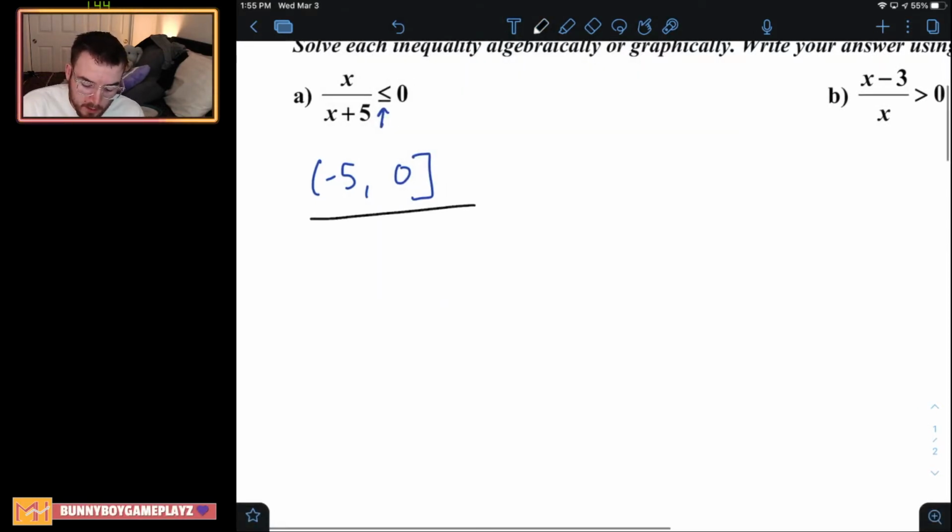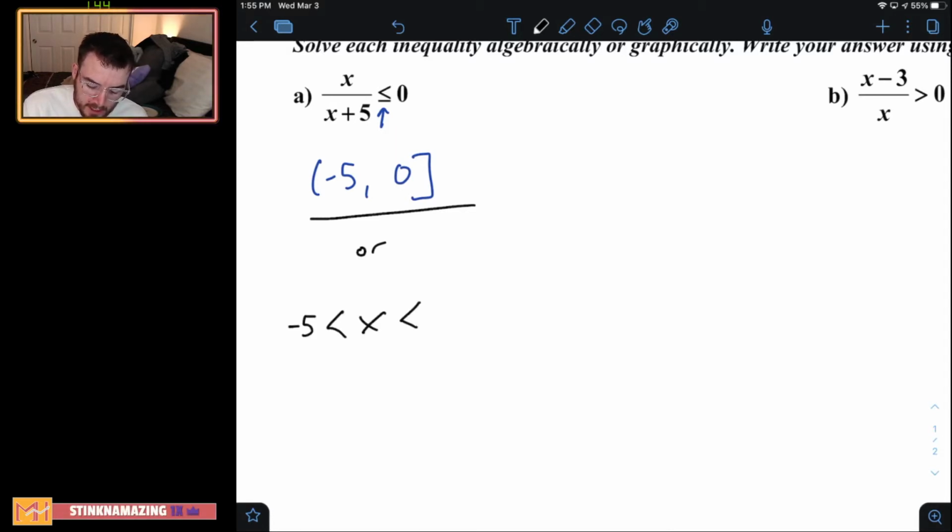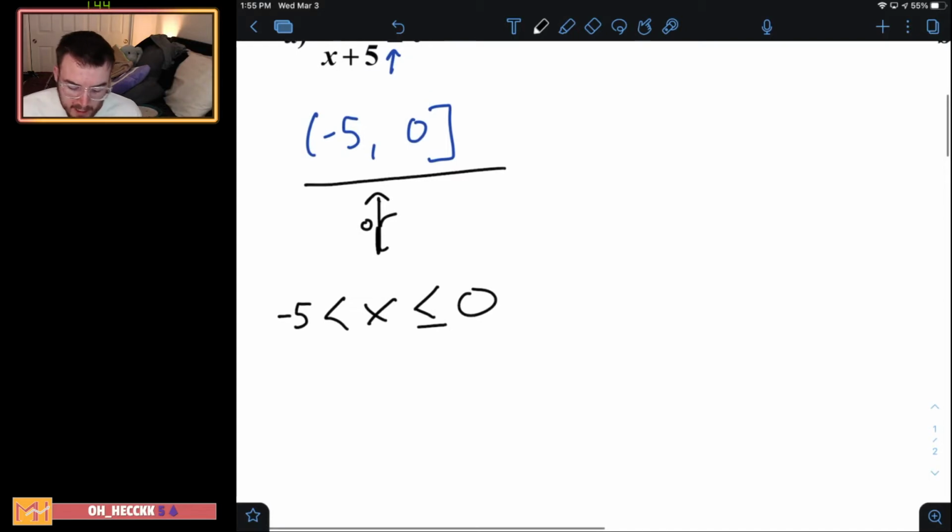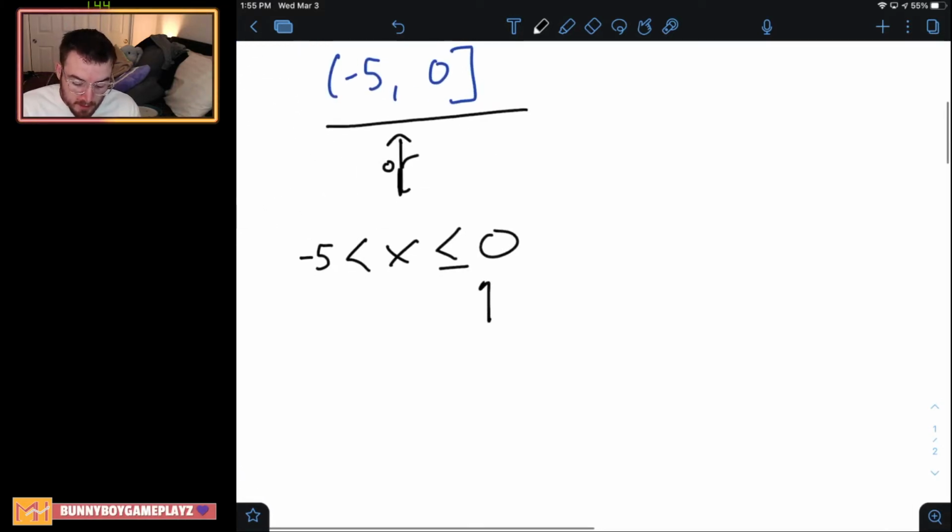like this, or we can write it like this. -5 is less than x, which is less than or equal to 0. These mean the same thing, right? Because again, we're solving for x, but x is not just a number, it's a set. So it can equal 0, or it can be less than 0, right?